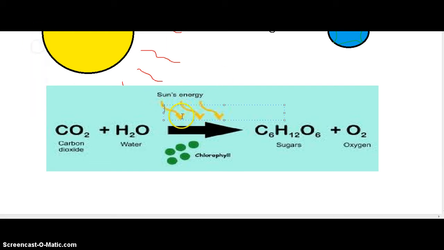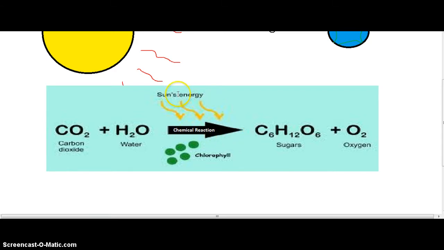When you're looking at a chemical equation, the arrow represents a chemical reaction taking place. So think about the chemical reaction of photosynthesis.